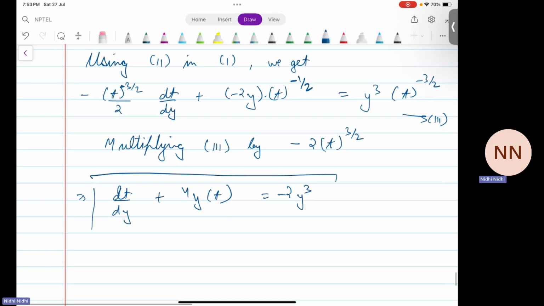Now this is of the form of a linear differential equation.